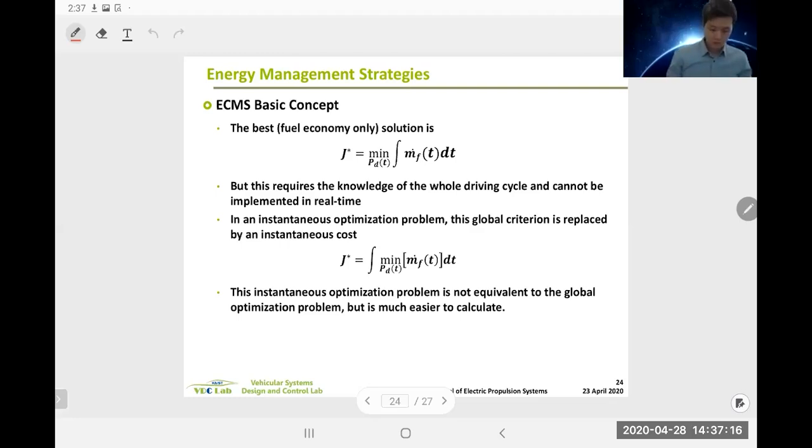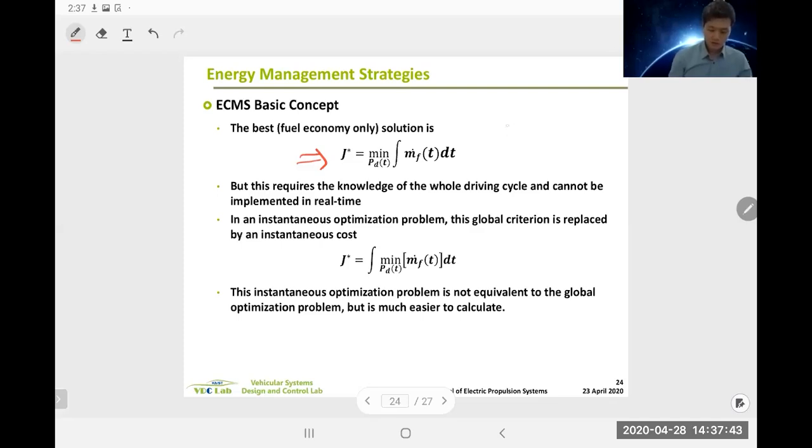Because if you look at this equation here, this is the cost function, the value function we want to minimize, right? And this is the optimal control problem we want to solve. We want to minimize fuel consumption.